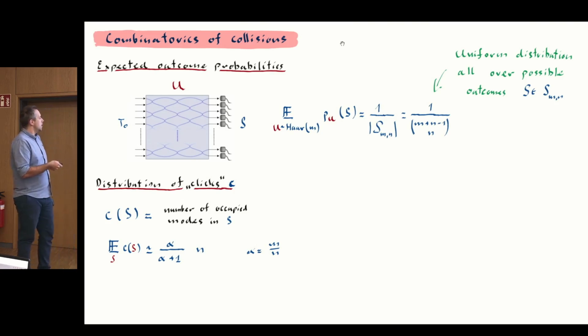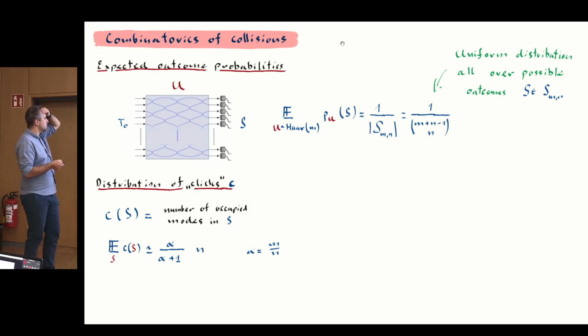You can analyze this probability distribution and actually give an asymptotic formula for the expected number of those clicks. If alpha is the ratio between the number of modes and the number of photons, and is kept constant, the expected number of clicks would still be proportional to the number of photons.